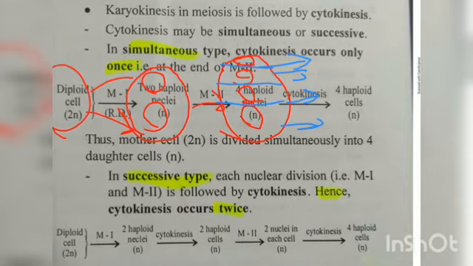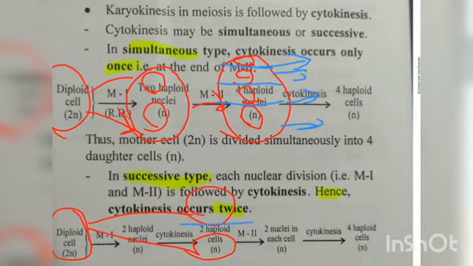But in the successive type of division, the cytokinesis occurs twice. What happens in that case? The initial diploid mother cell after meiosis produces two haploid daughter cells by splitting the cytoplasm. You can see.